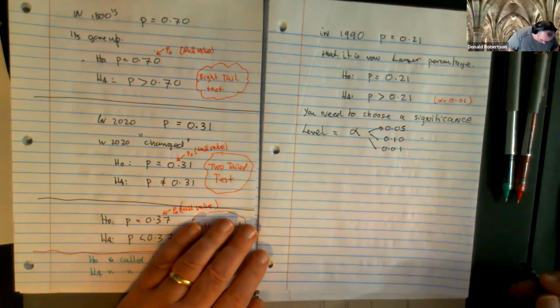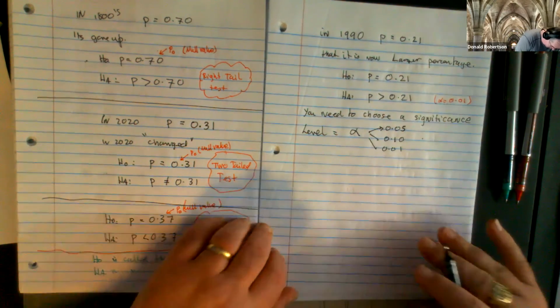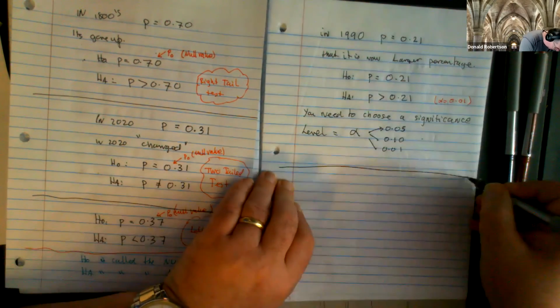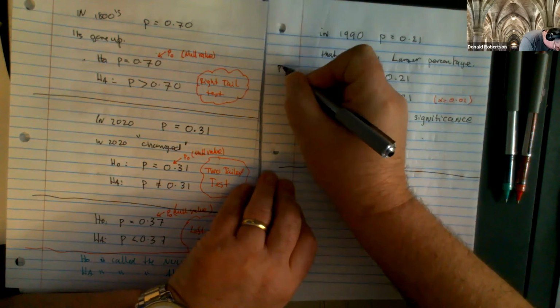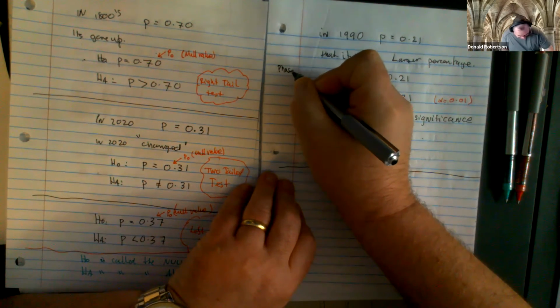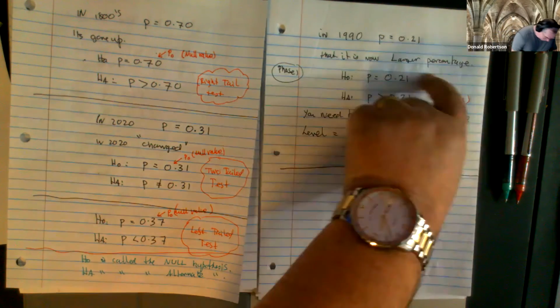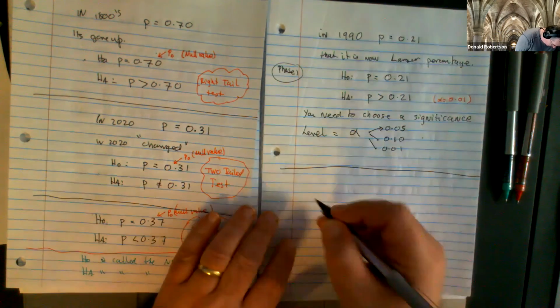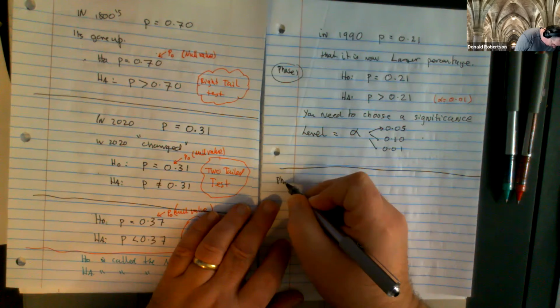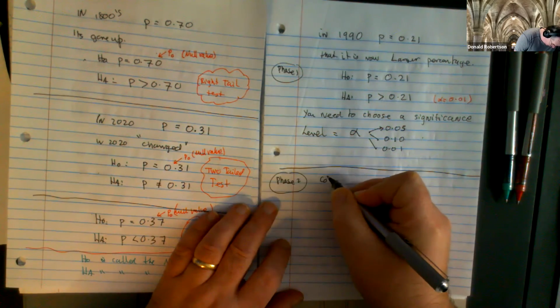So let's move on then. What do we do? Well, once you've done that phase, I'll call that phase one. So phase one is the null and alternate hypotheses and choosing a significance level. Phase two is you collect your data.